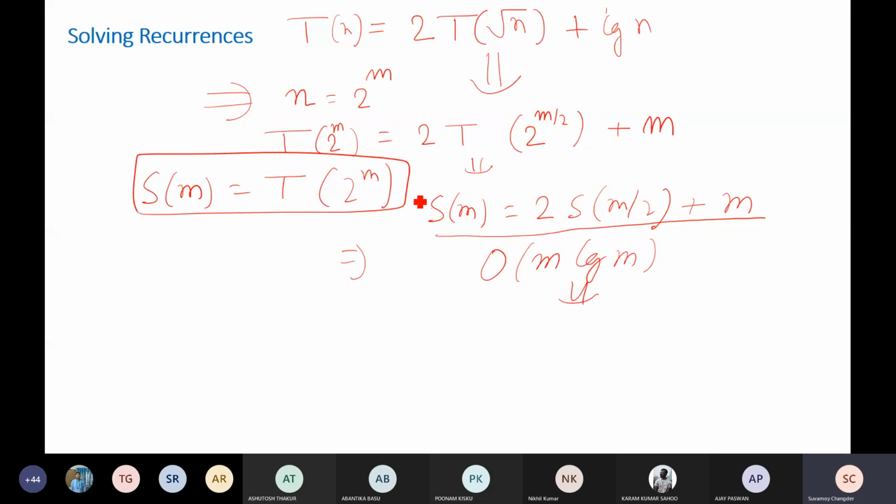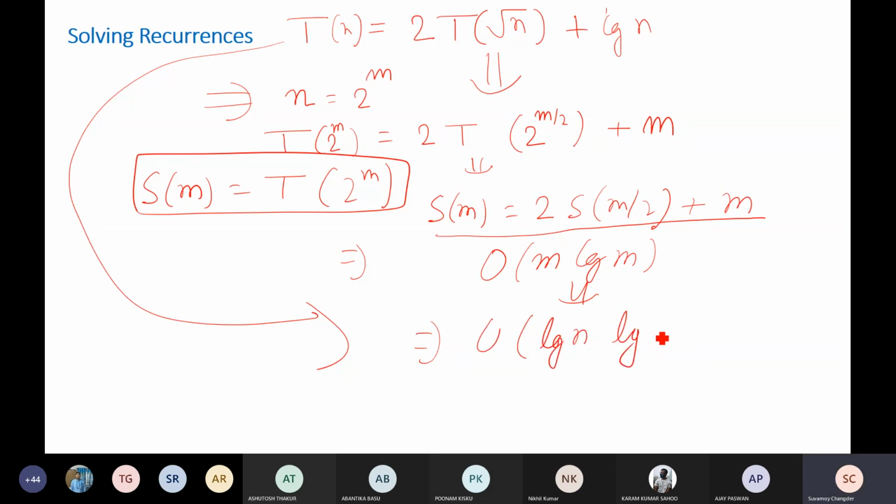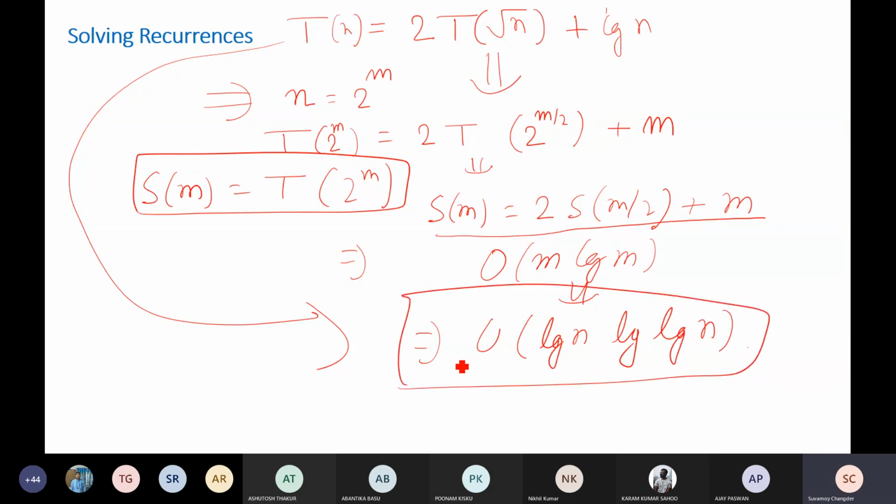Just replace the value of m. So what we will get? The solution of this equation is big O of m means log n, log of log n. So this is the solution. So changing variable is another method for correct guessing. Sometimes if we get some equations like this, we can change the value and we can go for correct guessing. Okay.